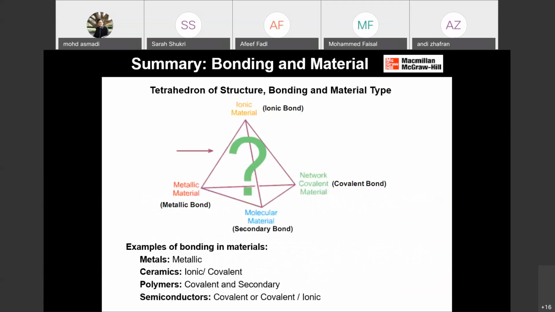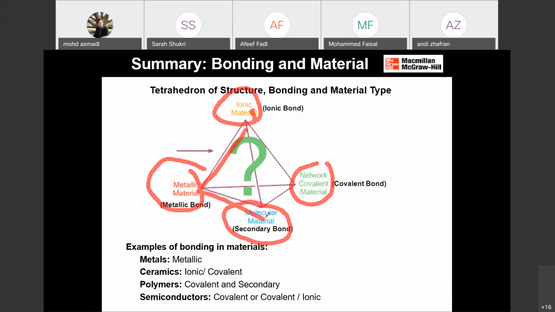As a summary of this chapter, this is the tetrahedron of the structure of bonding and the material types: ionic materials, covalent bonding, metallics, and molecular materials with secondary bonds. The first three are primary bondings, right? They are related to each other.